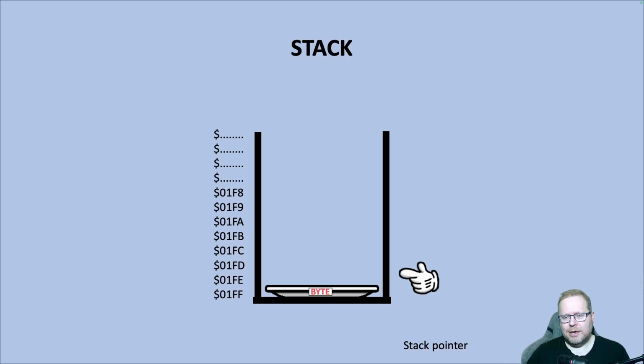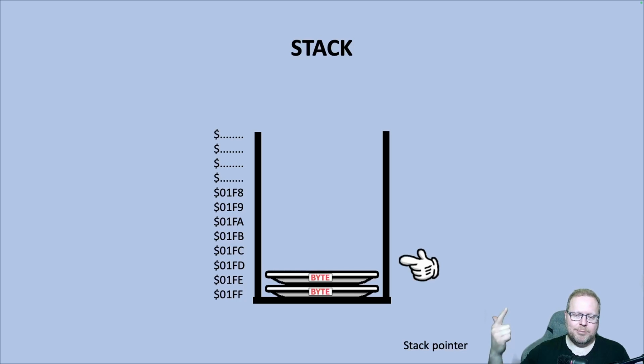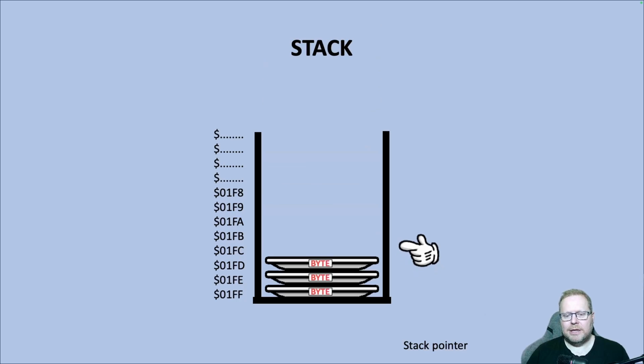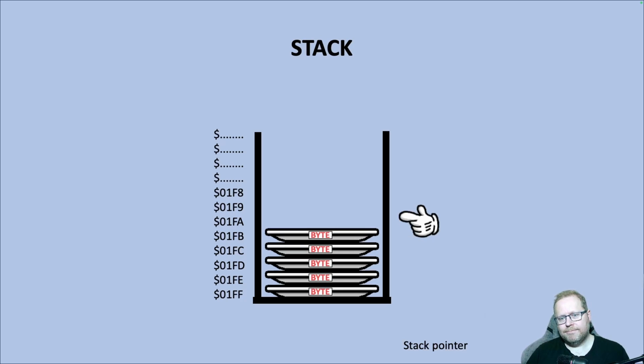Then the stack pointer goes up. It keeps track of where we are in the stack. Then I add another dinner plate, another byte. Stack pointer goes up, keeps track of where we are. I add another byte. I add another byte. Another byte.